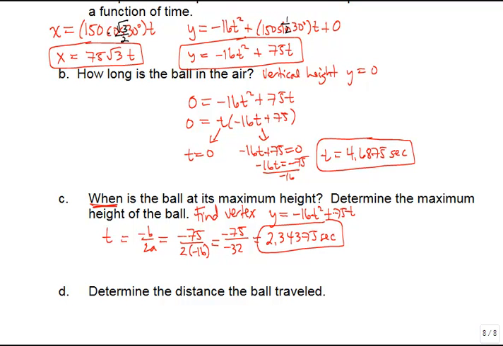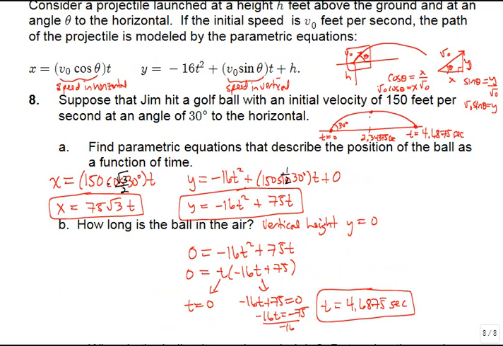Now let's find its actual maximum height. To figure that out, we want to know how high we actually went. That's a vertical height, so we want to be using this y formula. We know the t when we're there, so all we have to do is plug t into this formula, and that should tell me my y.